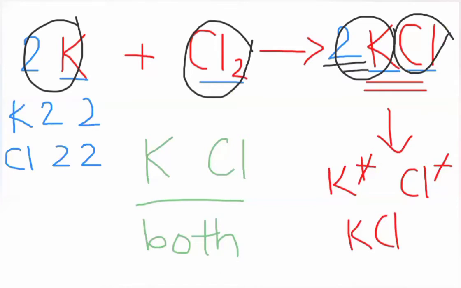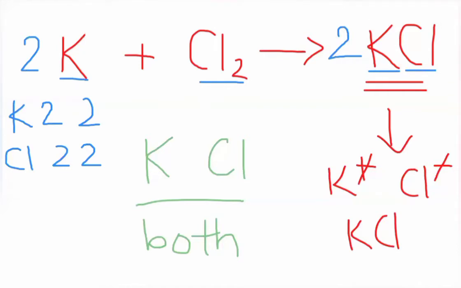This 2 over here with KCl is being multiplied by both potassium and by chlorine. So it means this is 2K and 2Cl. There are 2 potassium atoms and 2 chlorine atoms.